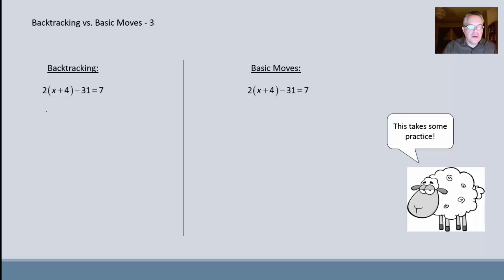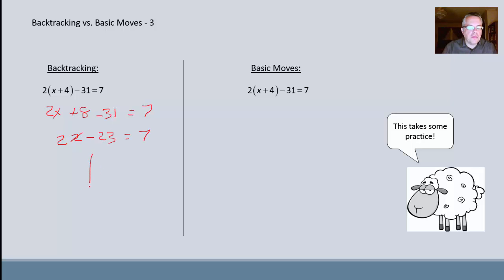All right, so 2x plus 8 minus 31 equals 7. And let me see, 8 minus 31 is negative 23. So we have 2x minus 23 equals 7. Now, at this point, you can do basic moves or backtrack.